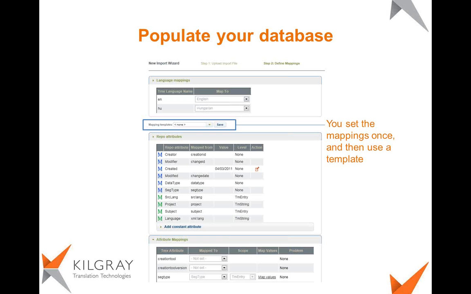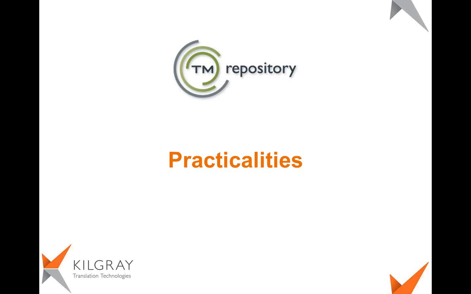At least translation memories coming from the same client are somewhat consistent. You might need to change one or two mappings, but not set up all of them when you import your TMX file into the database.